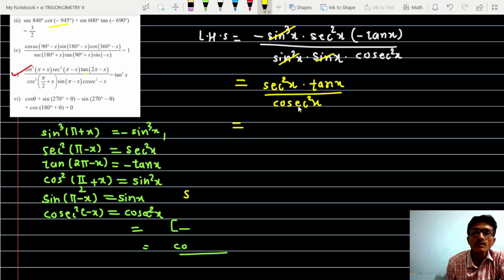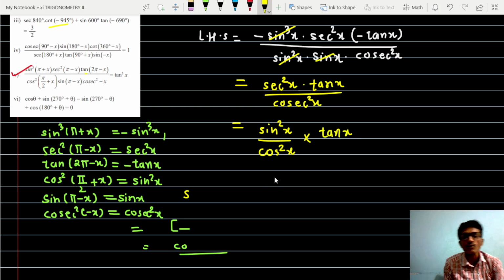One upon cosec square we will write as sin square x, and sec square x we will write as 1 upon cos square x, and tan x as it is.